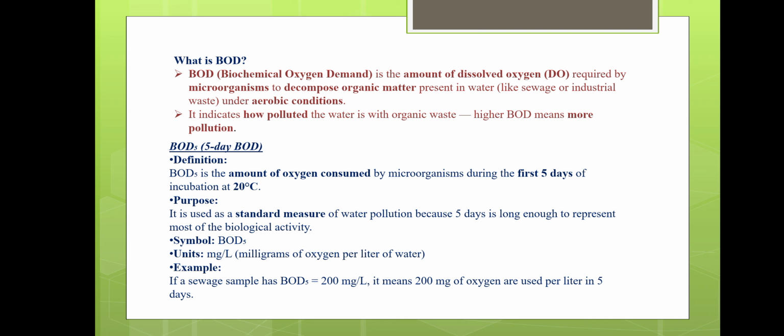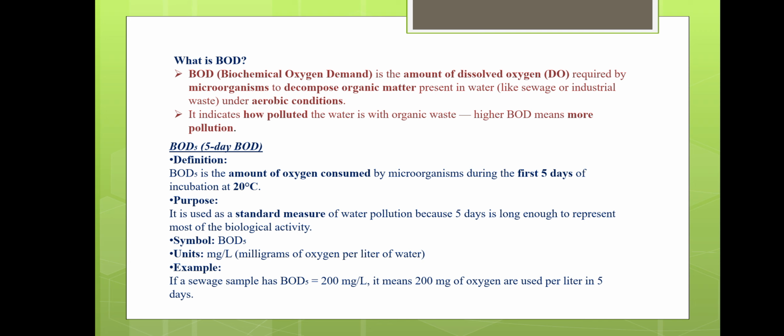So at 20 degrees centigrade, BOD5 is the amount of oxygen that microorganisms consumed to decompose organic material under aerobic conditions. Okay, so in case of BOD5, during the 5 days, almost 68% of organic compound can get decomposed. And what is ultimate BOD?